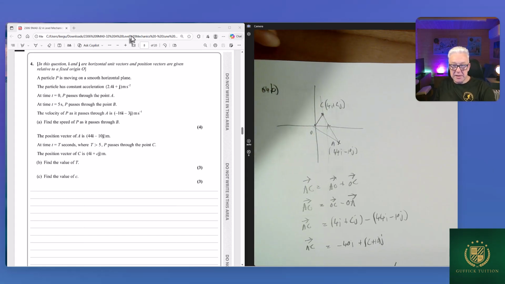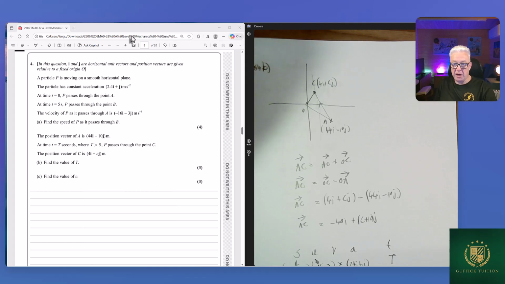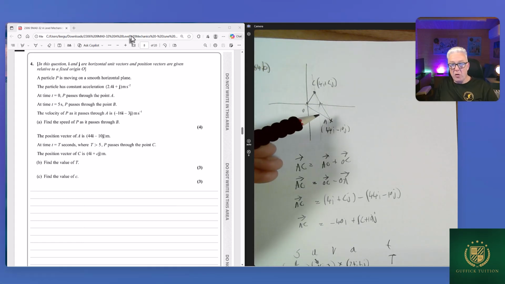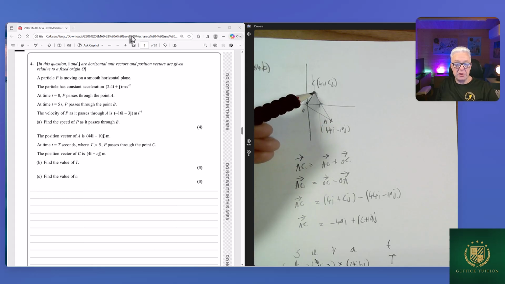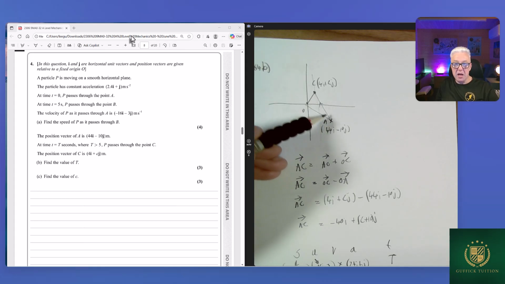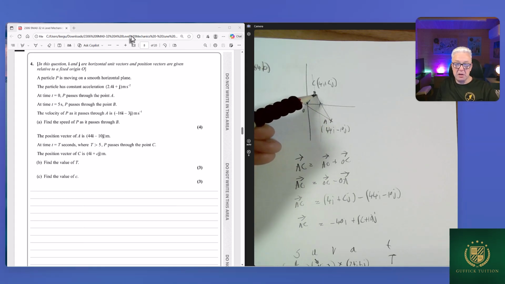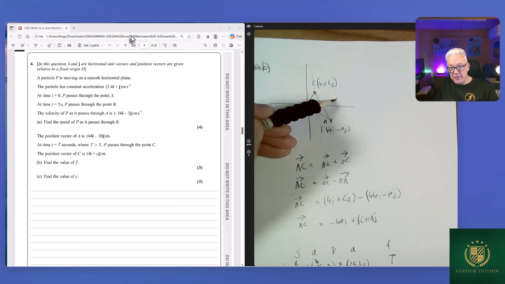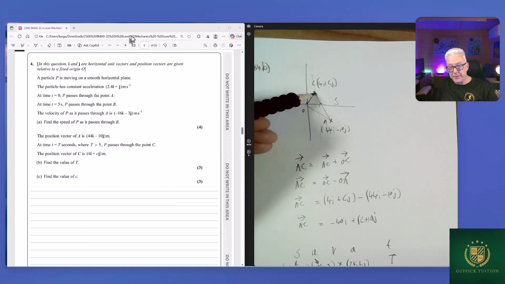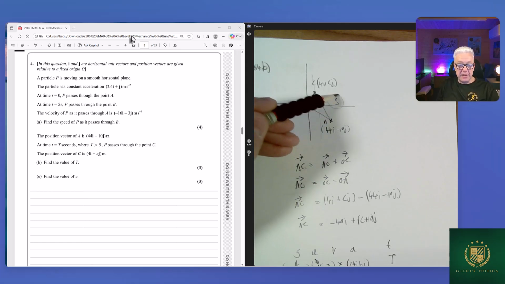Now, here's the sort of conceptually difficult thing, I think. We're talking about it starts at A and it goes to C, okay? And we want to try and find the value of t where that happens. So this, if you will, is our s. So going from A to C is the distance that it's travelled.